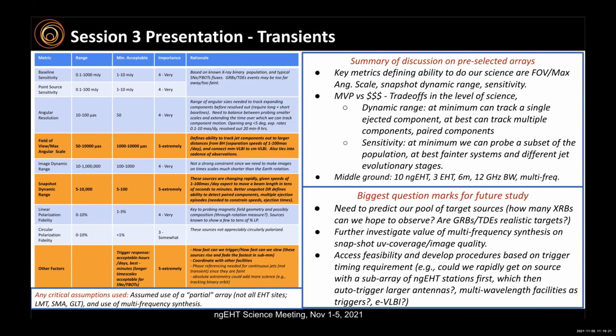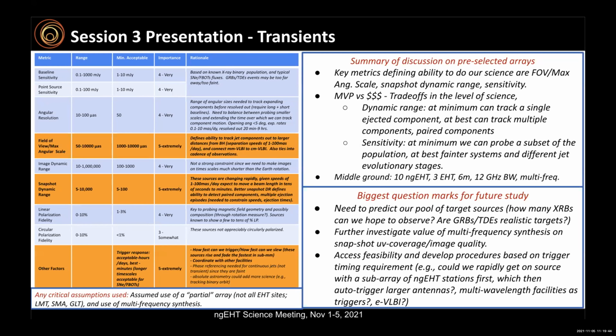And lastly, the other factors are actually pretty important for this science. This really comes down to how fast we can trigger these observations, or how fast we can slew the telescopes. All of these transient sources are going to rise and fade the fastest in the submillimeter. Also tied in with this is our ability to coordinate with other facilities, whether ground-based or space-based.